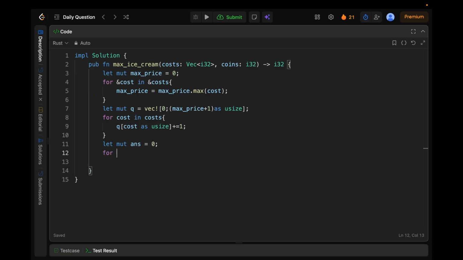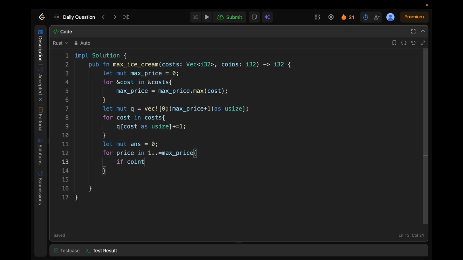So I iterate for price in 1 to max price, going over the q vector that I've created.